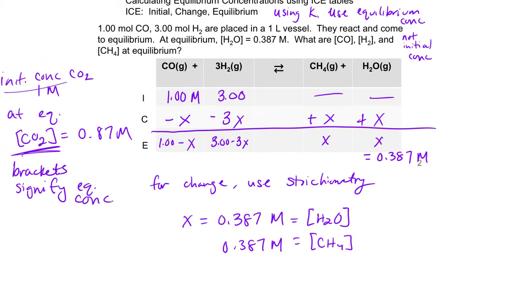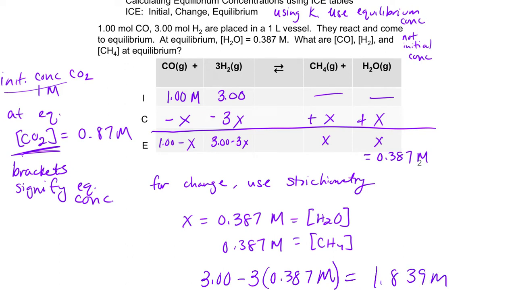The concentration of H2 is 3.00 minus 3 times 0.387. What does that give us? 1.839 moles per liter.